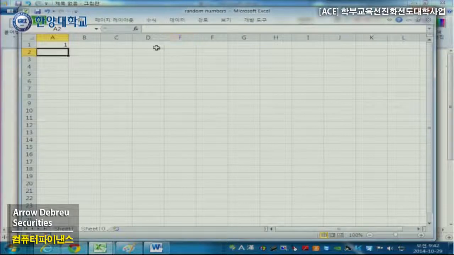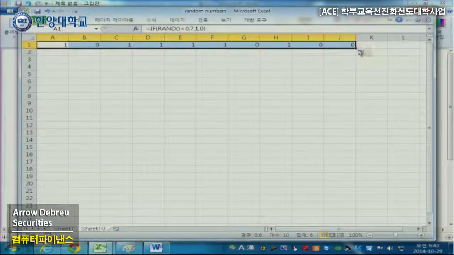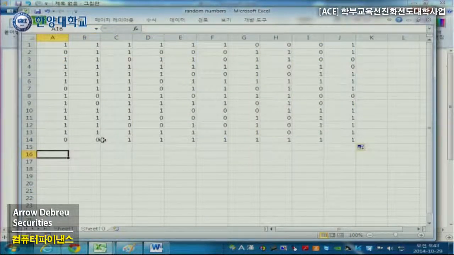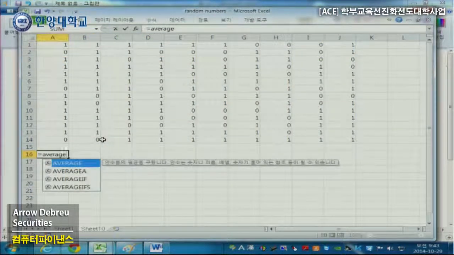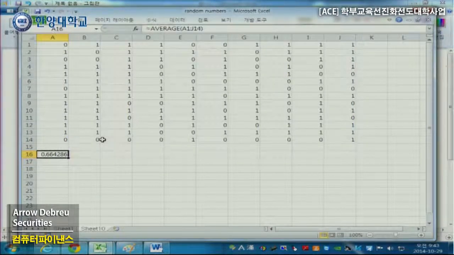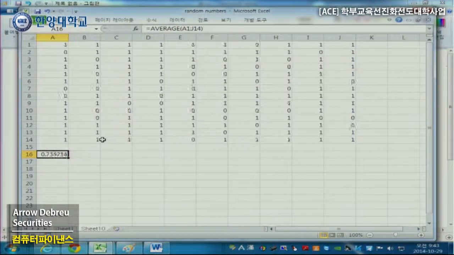Right? So let's take the average. The average would be around 70%, but not exactly 70%, because I have only a small number of random numbers. But it is around 70%. Good.